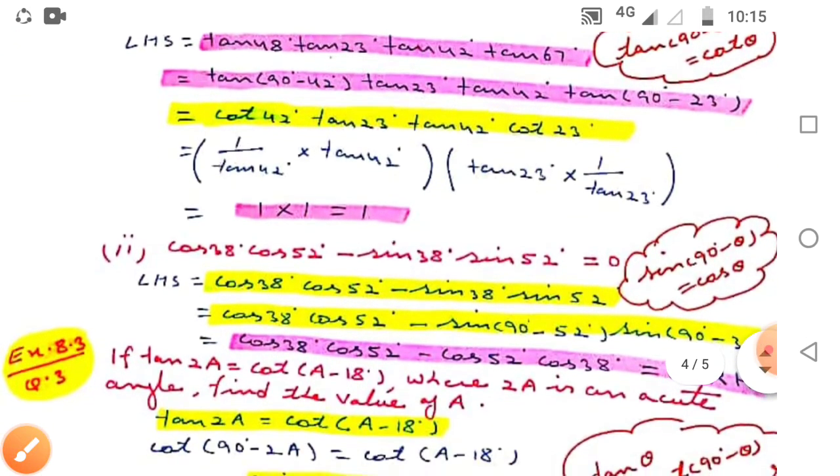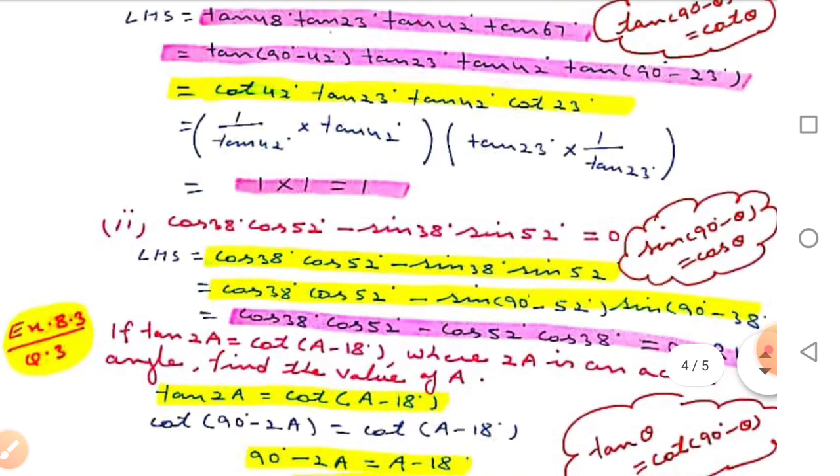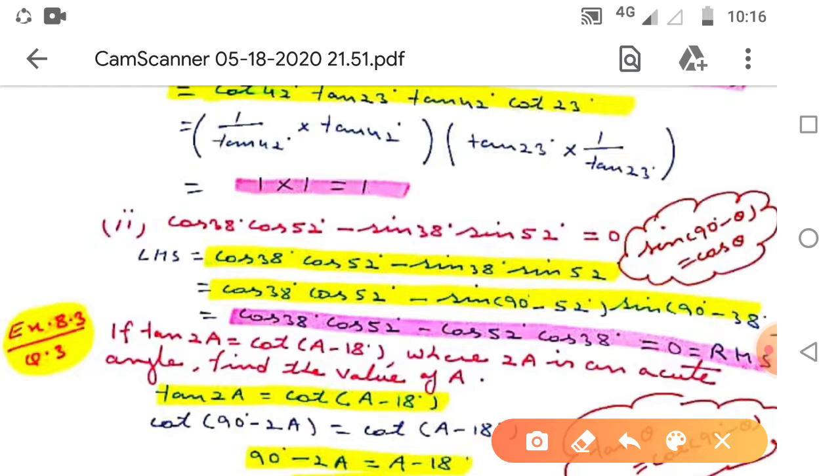Now the second part of the second question. Cos 38 into cos 52 minus sin 38 into sin 52. Clear? Again, cos 38 cos 52 stay, but we need to change sin 38 and sin 52 in terms of cos. Instead of writing this 38, we write 90 minus 52, and instead of writing this 52, we write 90 minus 38. This hint we can get from here: this is cos 52 and cos 38.